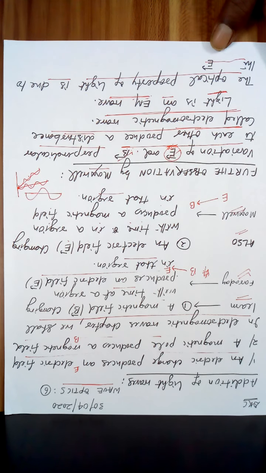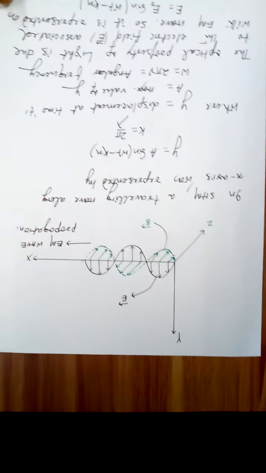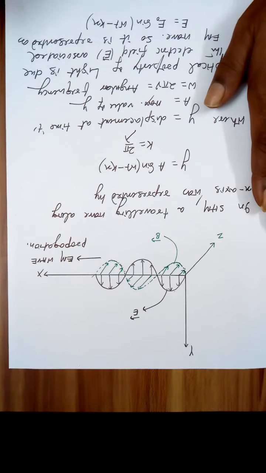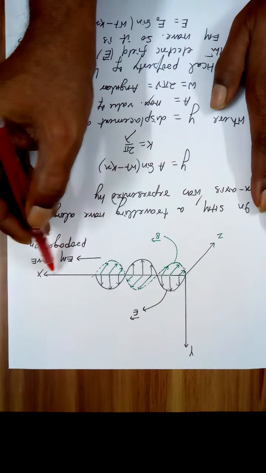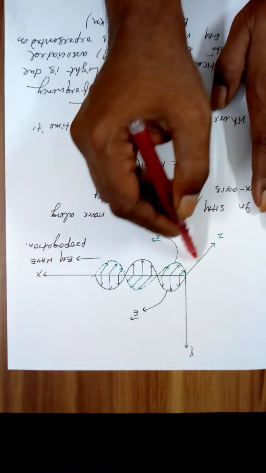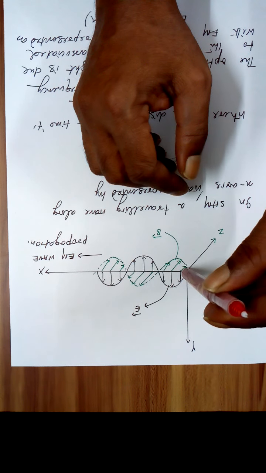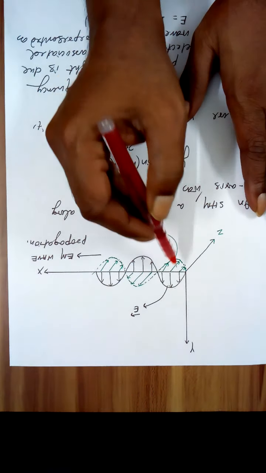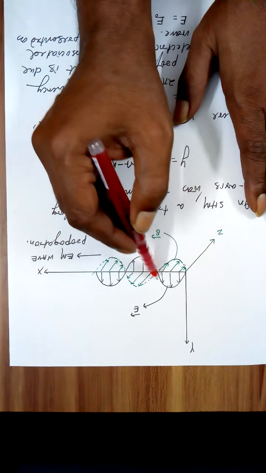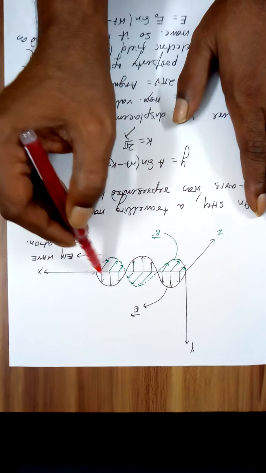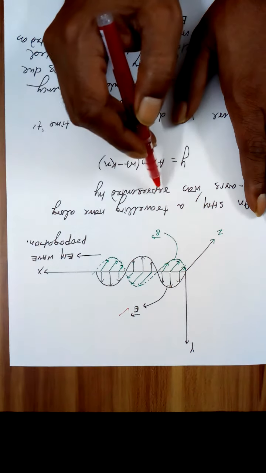Now look at a diagram. This is your x-axis, this is your y-axis, this is your z-axis. Actually it is like this, the z-axis perpendicularly upward. And look at this black line. This is a wave, the electric field, which is changing with respect to time.